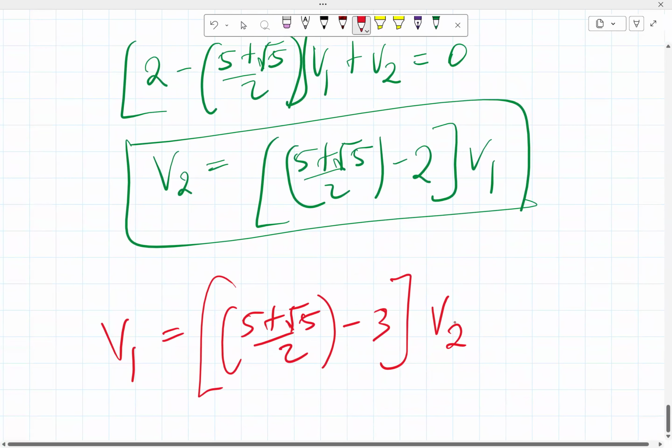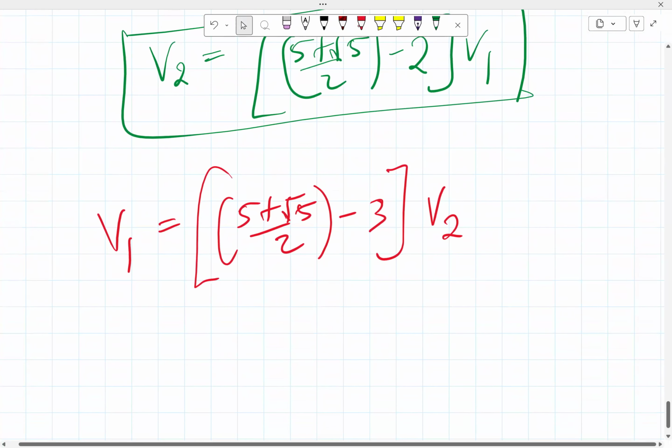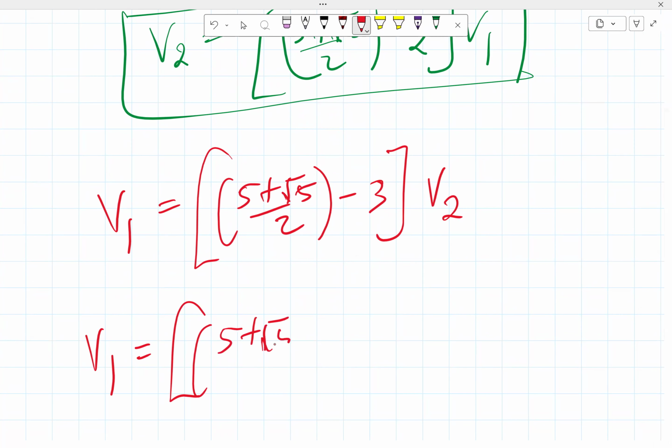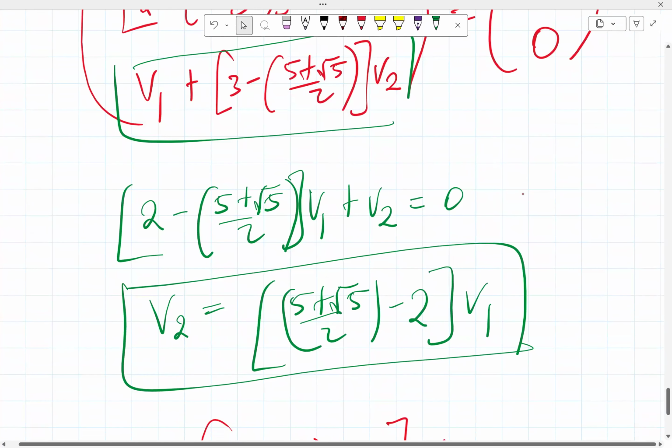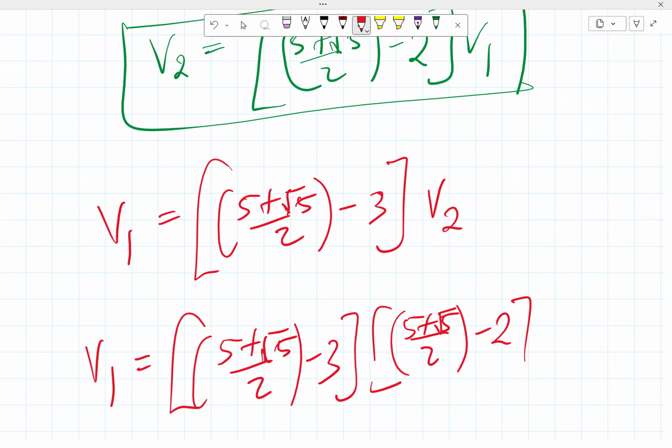So that way we are looking for V1 and V2. It means that V1 now can be written with 5 plus root 5 over 2 minus 3, and then we have V2, which is 5 plus root 5 over 2 minus 2.